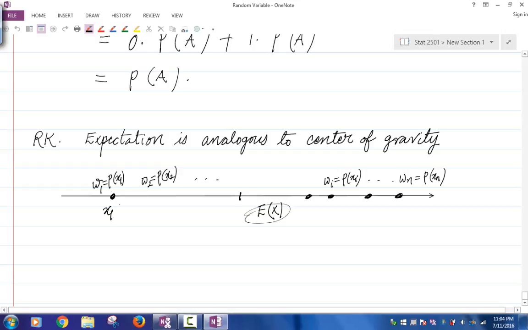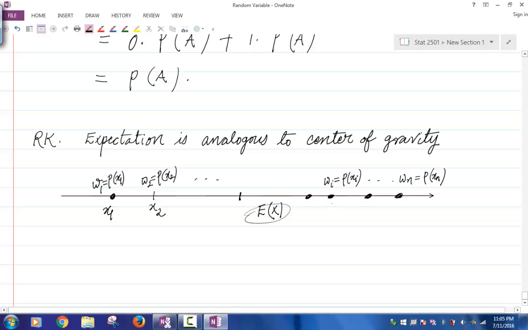Now imagine that at each value of x you have a weight hanging, where the weight is equal to the probability of that value. So at x1 you have a weight hanging, w1, which is the probability of x1. At x2 you have a weight hanging, which is equal to p of x2, and so on.